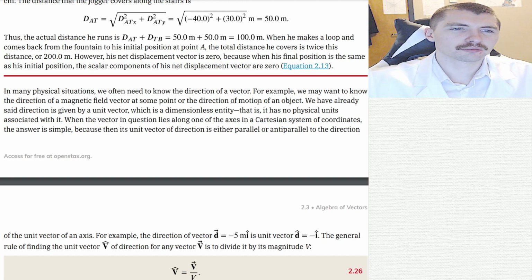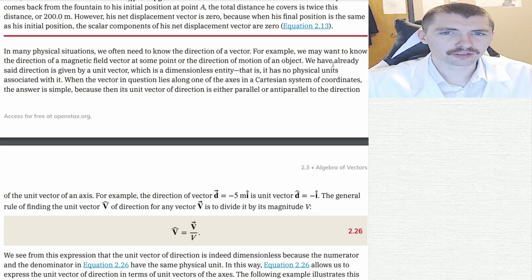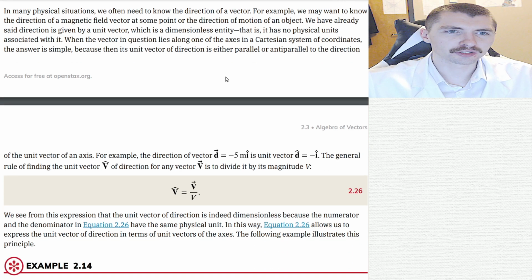Now, in many physical situations, you also need to know the direction of a vector, for example magnetic fields. We have already said direction is given by a unit vector, which is a dimensionless entity.